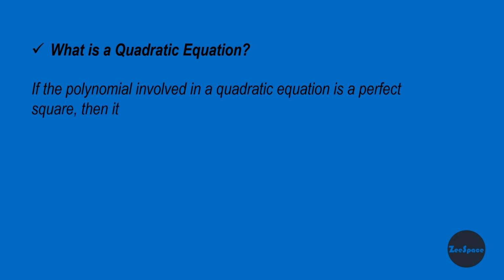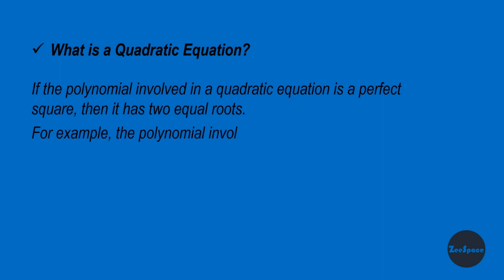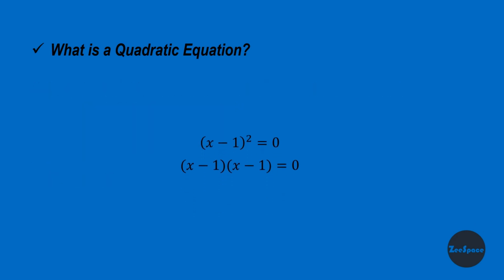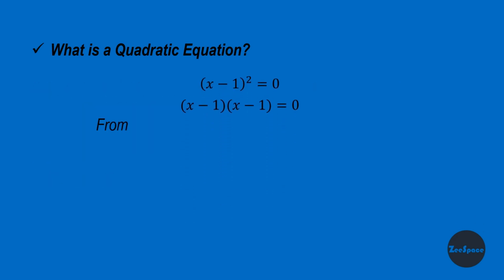If the polynomial involved in a quadratic equation is a perfect square, then it has two equal roots. For example, the polynomial involved in x squared minus 2x plus 1 equals 0 is a perfect square. This equation can be written as x minus 1 whole squared is equal to 0. It means x minus 1 into x minus 1 equals 0.